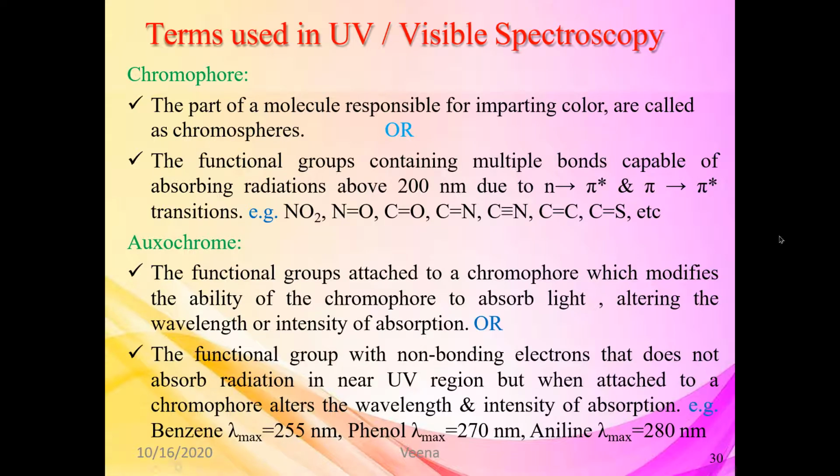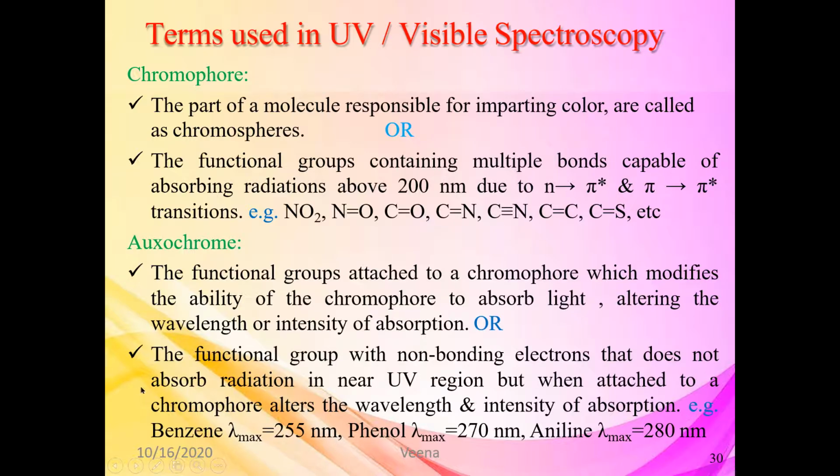When there is an absorption of light in the UV region, the electrons get excited and we will get the absorption spectrum of that particular molecule. And the position of the lambda max will give you the nature of the double bond present in a molecule.